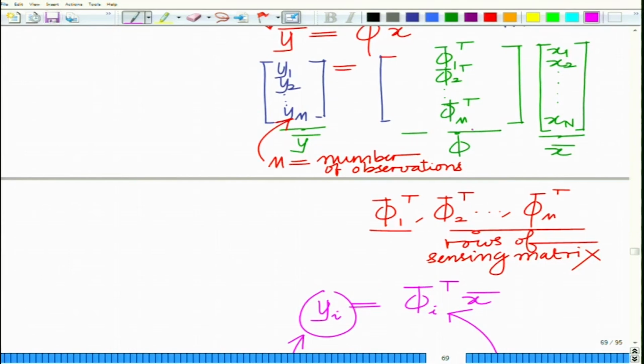And now since there are m observations and n unknowns, this matrix phi is an m cross n matrix.